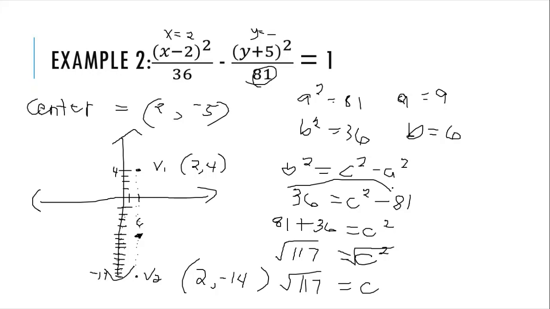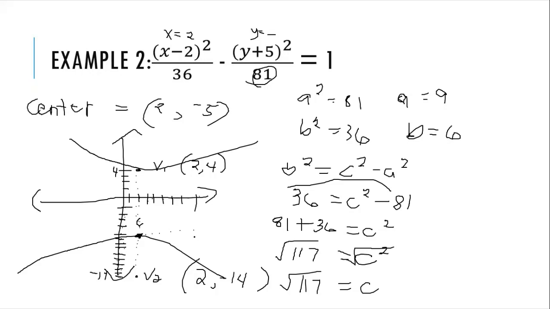So we have our, oh not yet, we don't have the coordinates of our covertices. Covertices is a 6 steps from here. So from the center, 1, 2, 3, 4, 5, 6.